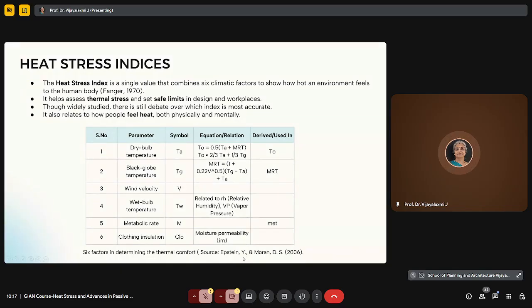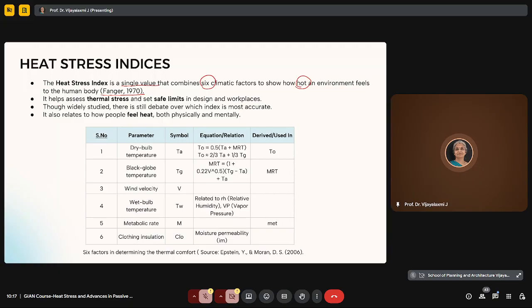Now let's see what the various heat stress indices are. The heat stress index is a single value, and this value combines 6 climatic factors to show how hot an environment feels to the body, according to Fanger.